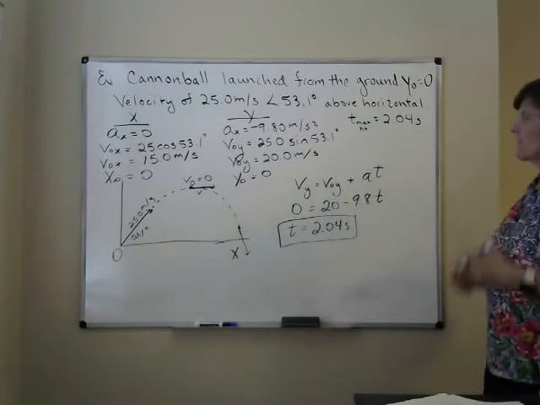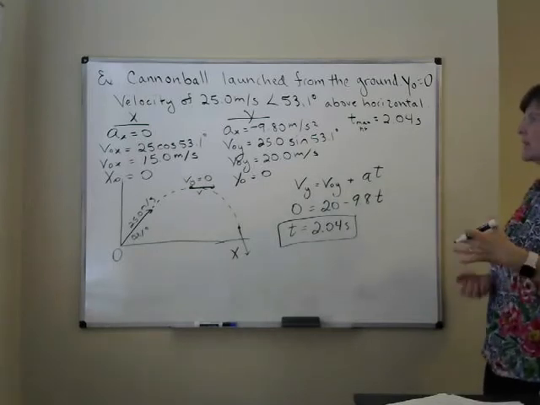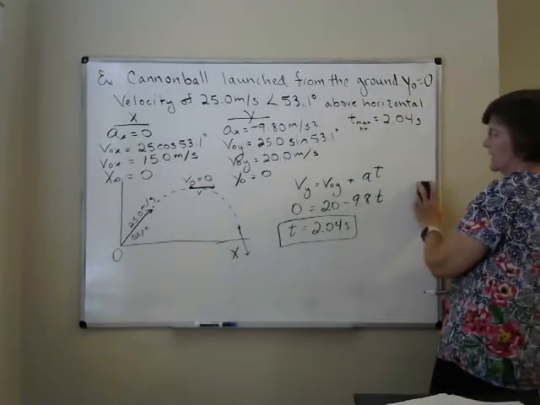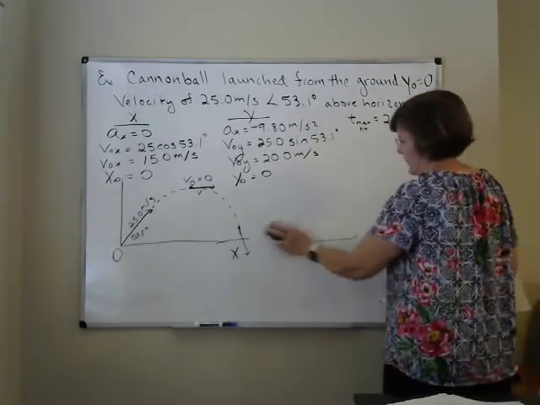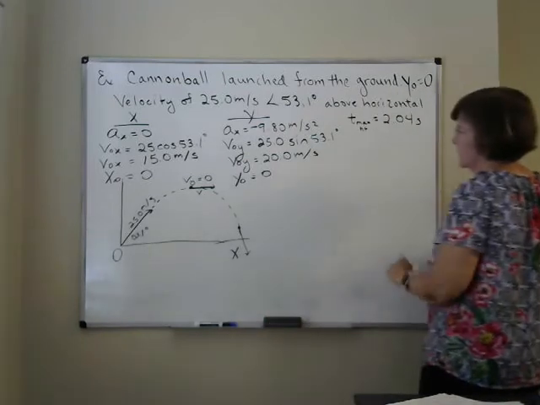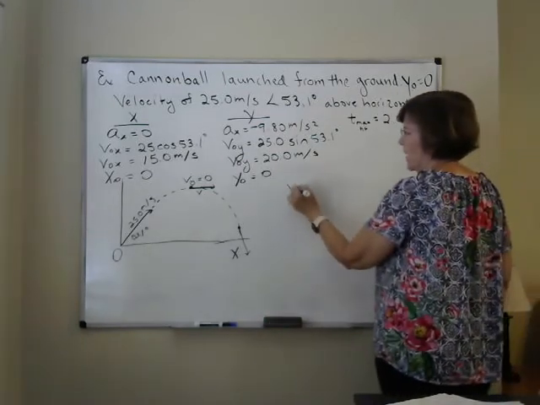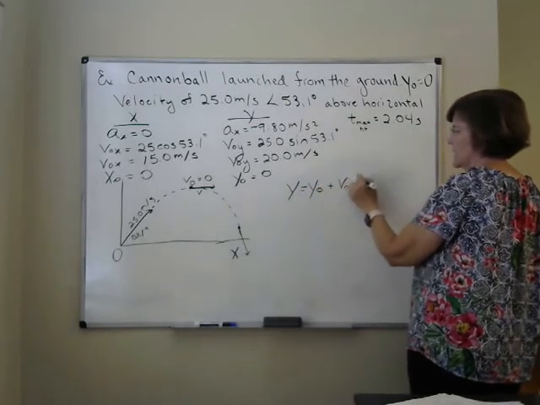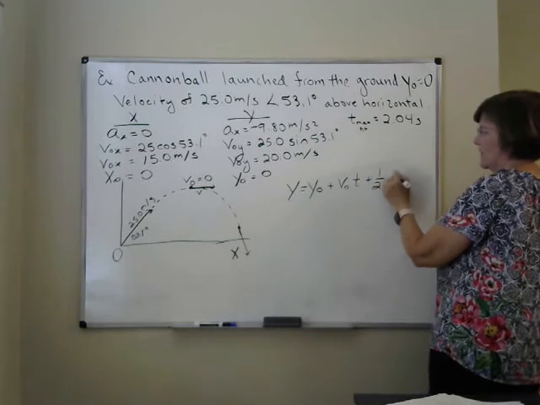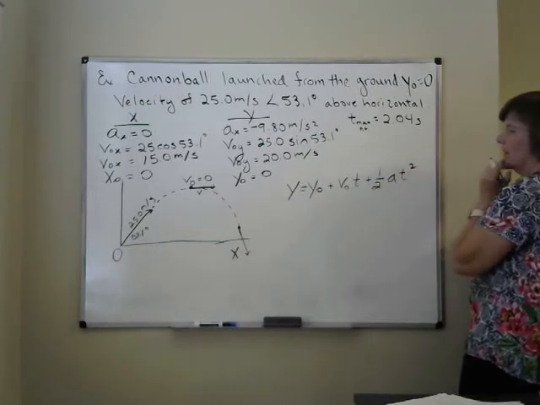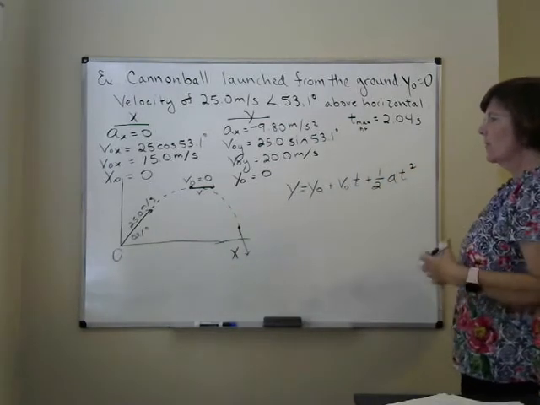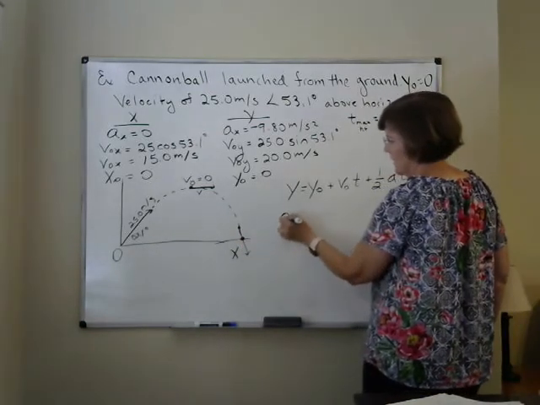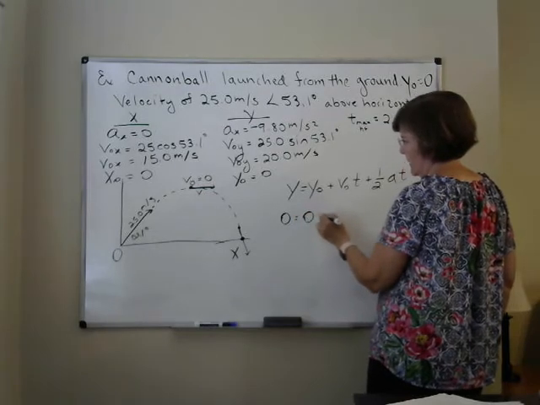Well, maybe that's not the time you're most interested in. Maybe you want to know the whole flight time. Let's look at the whole entire flight time. I'm going to say y equals y0 plus v0t plus 1/2 at squared. If I'm looking for the whole flight time, I'm looking at this point. Well, at that point, y is 0. The initial height was 0.